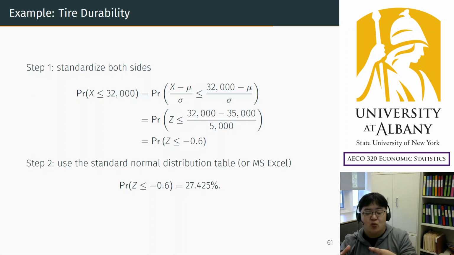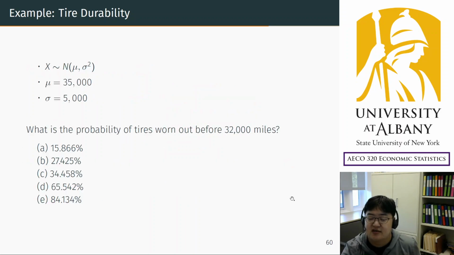And then we learned how to calculate the probability for a standard normal distribution. And finally, we learned how to make a non-standard normal distribution into a standard normal distribution. So combining these three, we could solve this example.